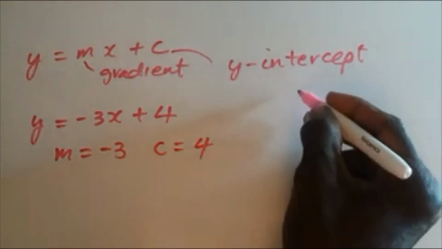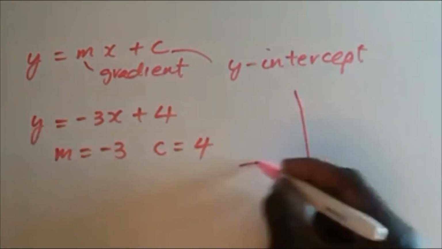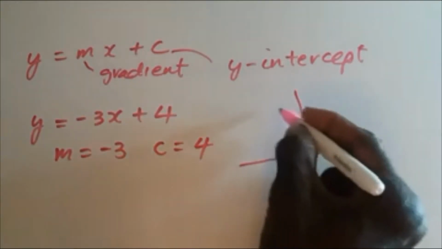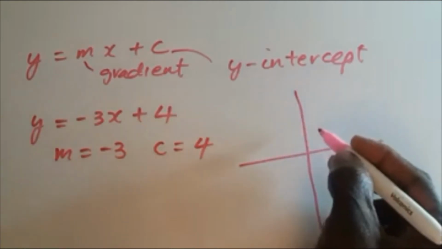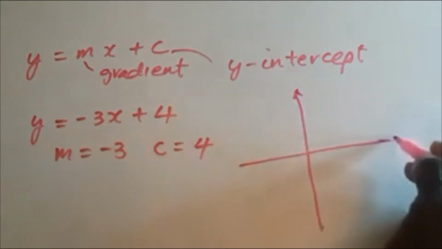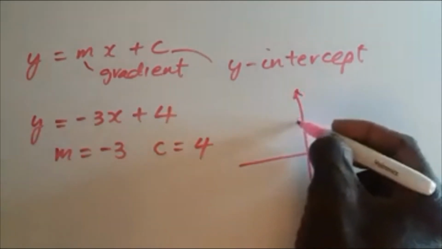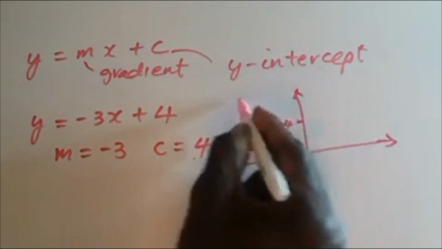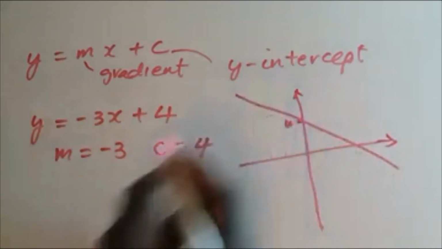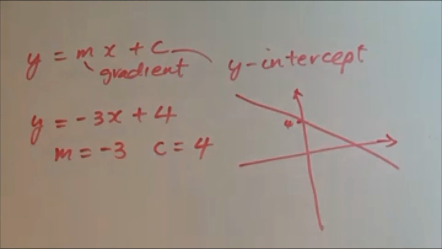Now this graph will be slightly different. Instead of rising, it's actually going in the opposite direction. So if we have this as 4, we have a line cutting across something like that. Y-intercept being 4, gradient -3.